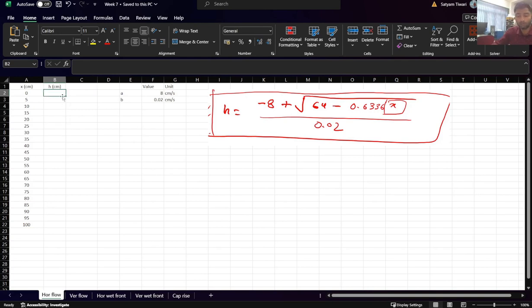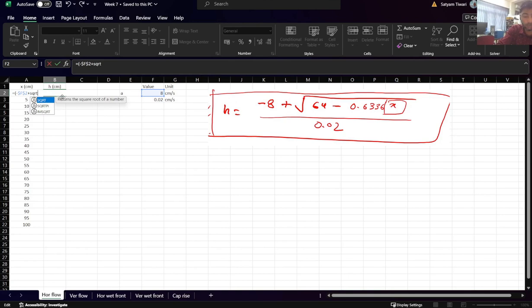To determine the values of h, we'll use the formula provided here. So we'll type that h is equal to minus the value of a, that is 8. Okay, plus we put a bracket at the start, plus square root, sqrt, and inside the square root we'll have 64 minus 0.6336 times the value of x. x is nothing but A2, multiply A2.